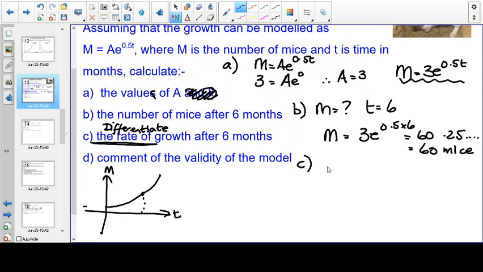So if m equals 3 e to the 0.5t, then dm by dt, differentiating m with respect to t, we just need to differentiate. Remember, e to the 0.5t will be 0.5 e to the 0.5t, but then we've got 3.